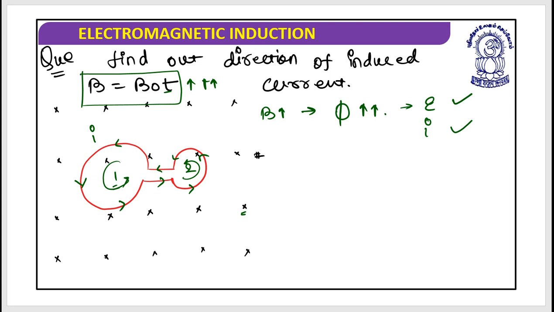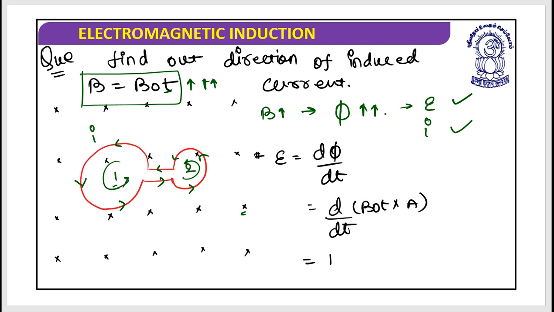So now shall I add something? Find out the magnitude of the induced EMF, because so many questions have gone and we have not practiced it. So let's just do it. E is equal to d phi by dt, that is equal to d by dt of B naught t multiplied by area. So this is equal to B naught into area.